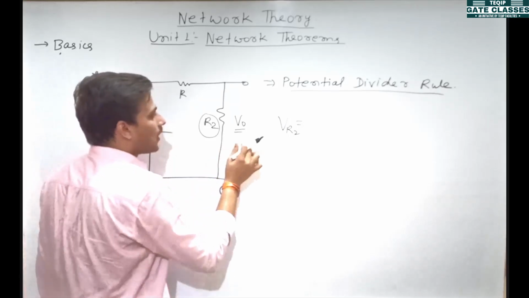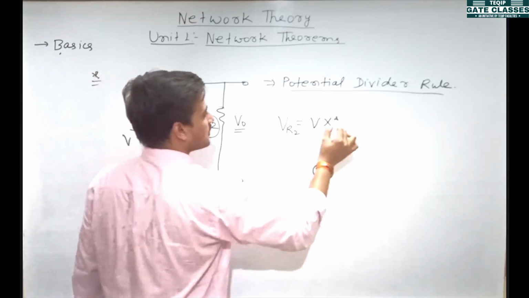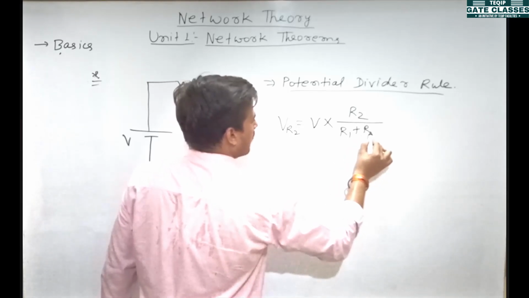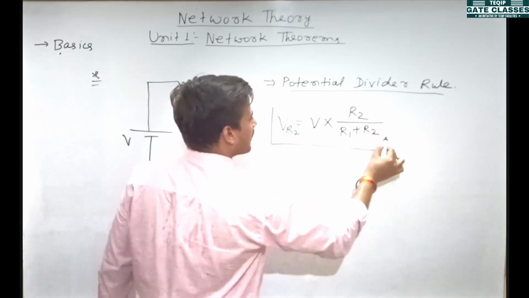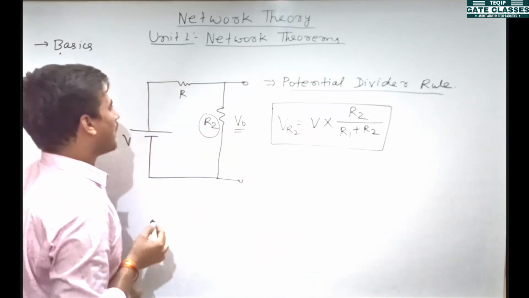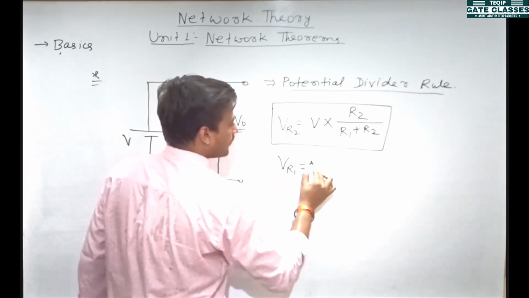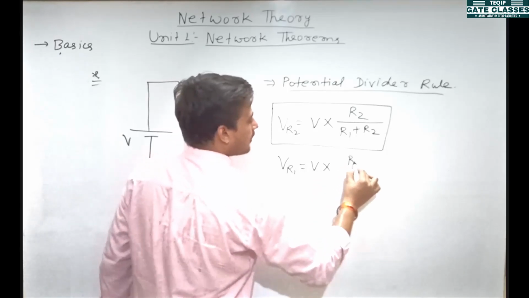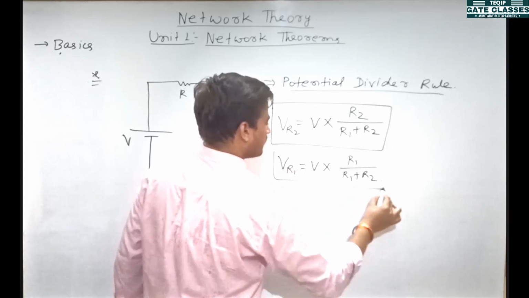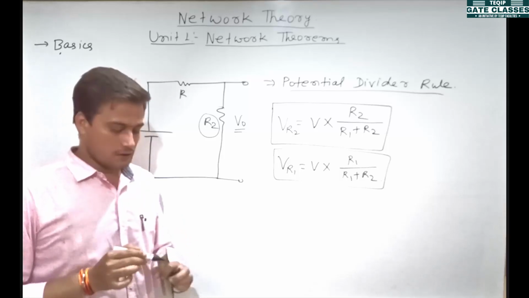So here VR2 will be equal to V into R2 divided by R1 plus R2. Now if someone asks you VR1, you will write it is equal to V into R1 divided by R1 plus R2. So this is the potential divider rule.